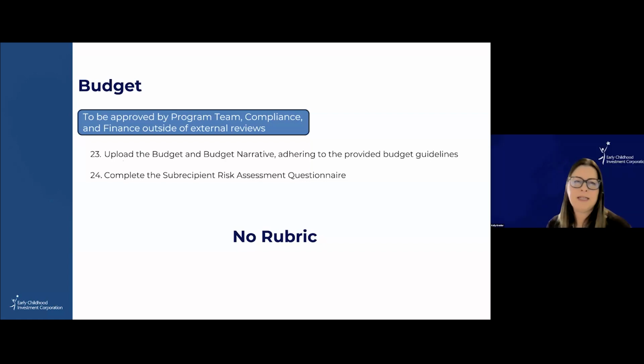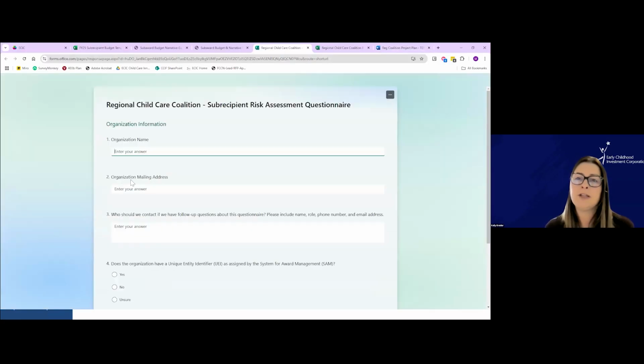So the risk assessment is a component of the application. It is linked within the Flux portal. Whereas the budget you'll upload, the risk assessment is a link. It is in Microsoft Forms, as you can see on the screen. And it's really set up as more of a survey or a questionnaire. We'll be looking for completeness, and we do review all of the questions.